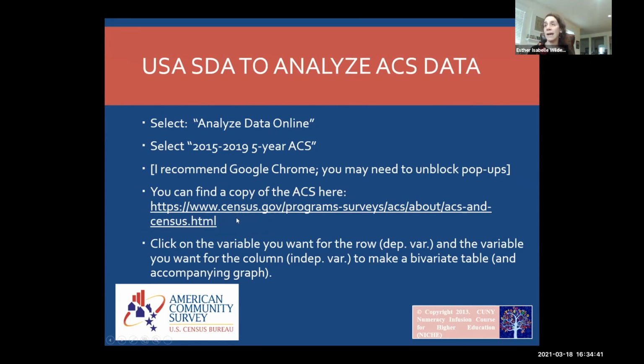In my class, I often go to the ACS and say, here's the ACS, let's look at all the questions on disability. I'm limited in time, so I'm not going to do all this right now. But this is very helpful, not just because I want them to analyze data, but because I want them to think about how we construct this category of disability in the United States, which is really important.